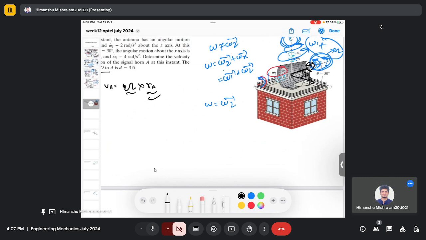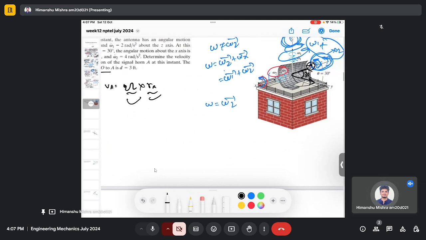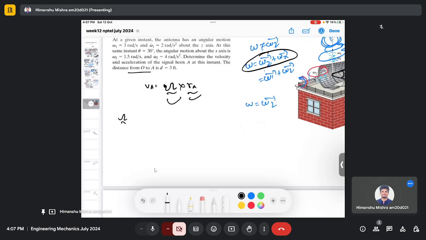So you need the position vector and you need the angular velocity. So what is the resultant angular velocity of the antenna? It is given by this quantity. So the resultant angular velocity is omega 1 plus omega 2.